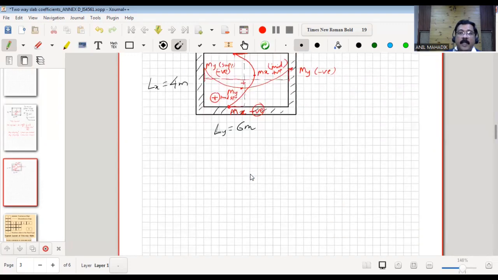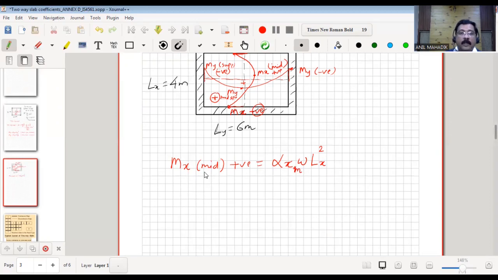That means in this case, if you want Mx mid span positive, then there will be some alpha x WLx square. So let's say it is alpha x1, or you can say mid span, so alpha xm, let's say, for understanding.